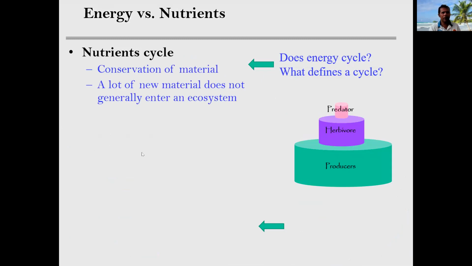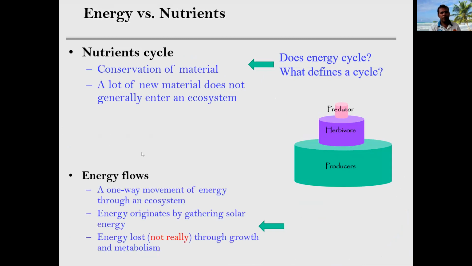Basically they cycle within the ecosystem or within our areas. So we talk about nutrient cycles, but energy flows from one trophic level to another trophic level.